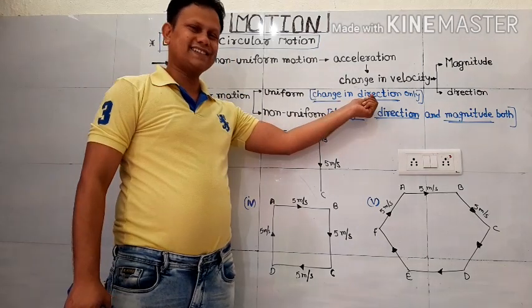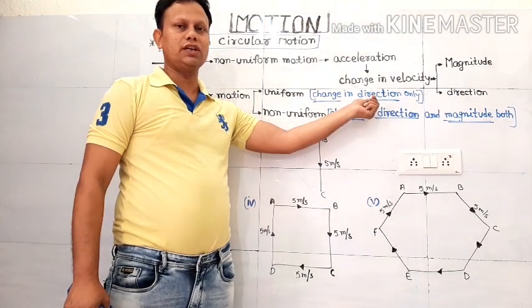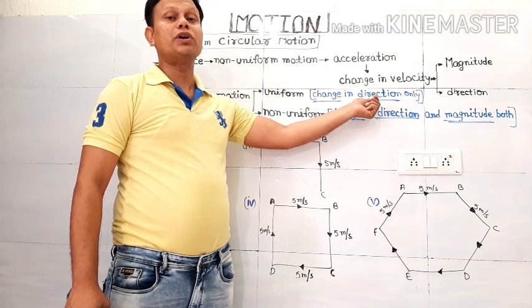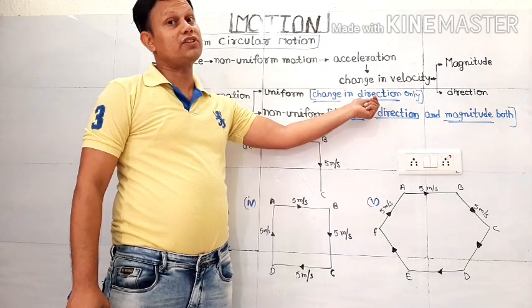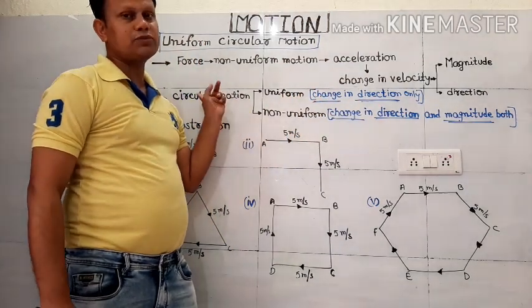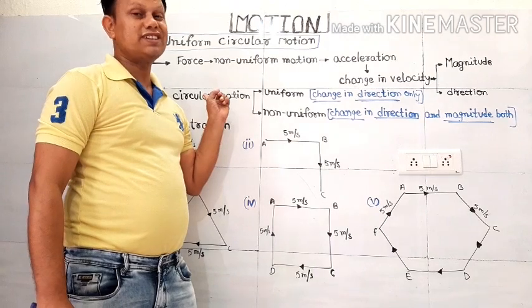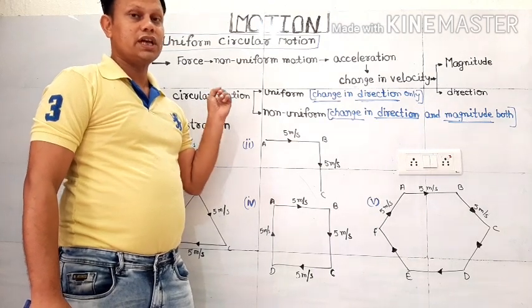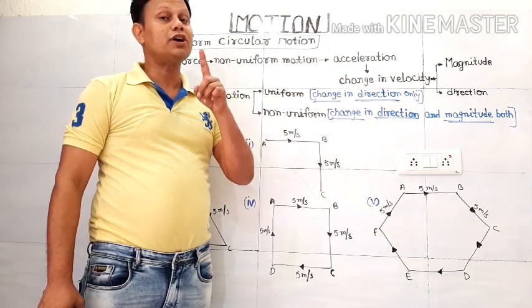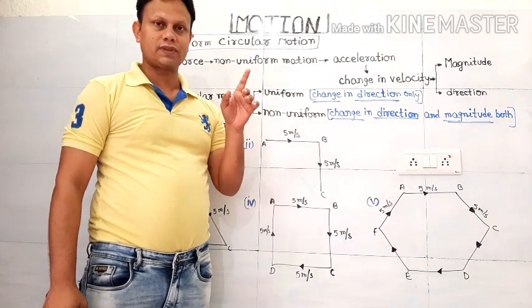Means when only the direction changes of the object continuously during its journey, but magnitude is not changing, that means the body is moving with constant speed but with a continuous change in direction, then we consider it is a uniform circular motion. So what is the definition of uniform circular motion? When a body moves on a circular path with a constant speed.